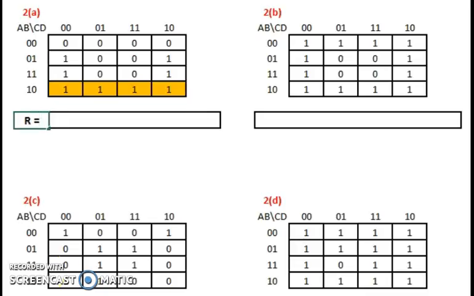The output of this group is equivalent to A, B bar. C and D, obviously, are all changing, so you can leave them out.